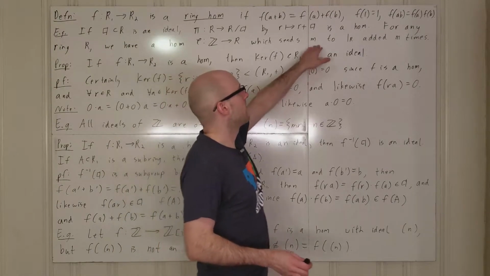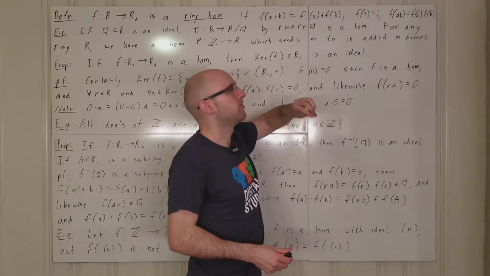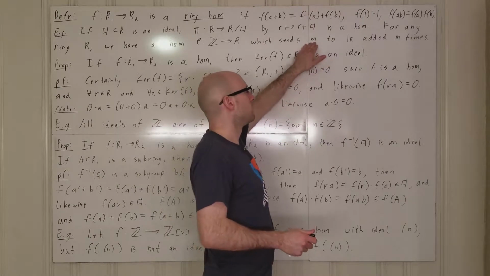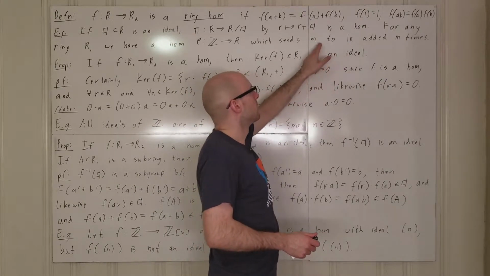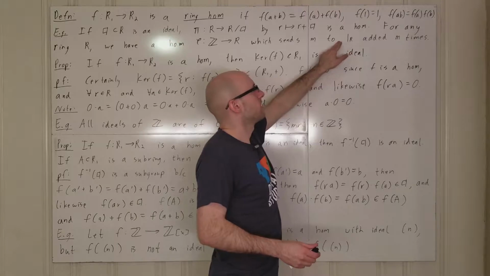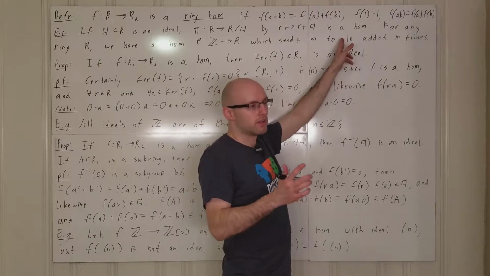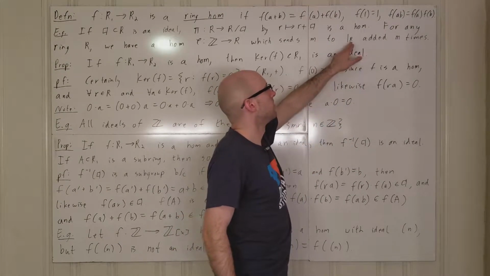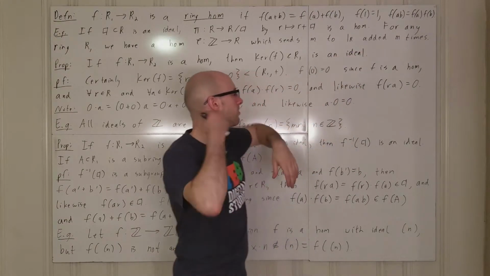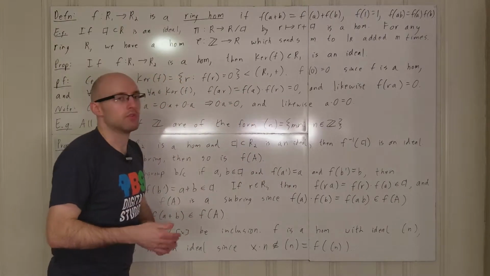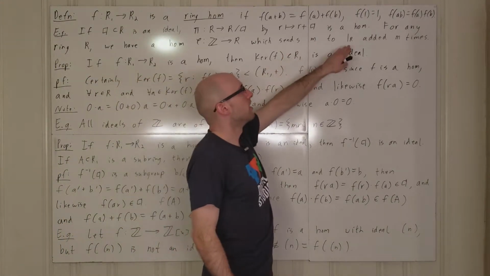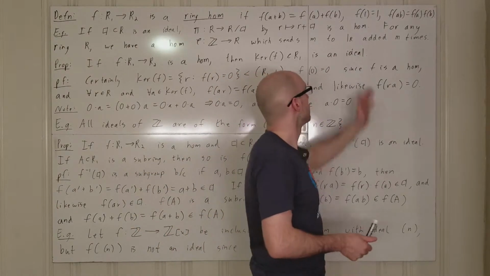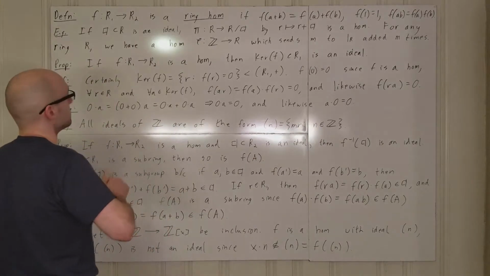So this will map 0 to 0, and if you take a negative number, then negative 1 will get sent to the additive inverse of the multiplicative identity, which we will typically just refer to as negative 1, or negative 1R if we want to specify R. And so this will map negative 3 to negative 1 minus 1 minus 1. So that's another homomorphism that we get.